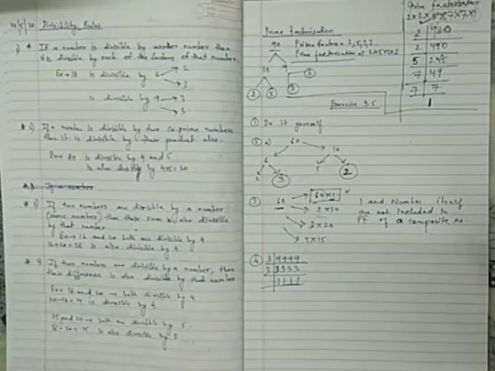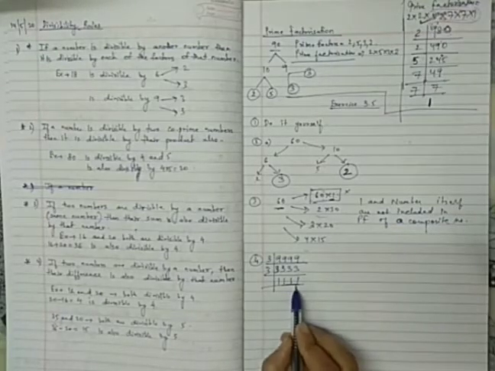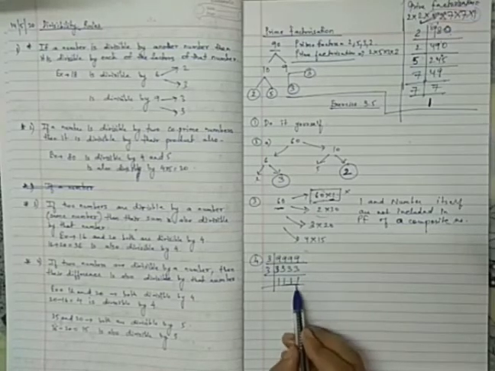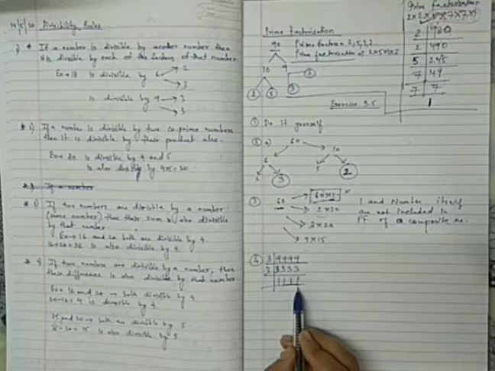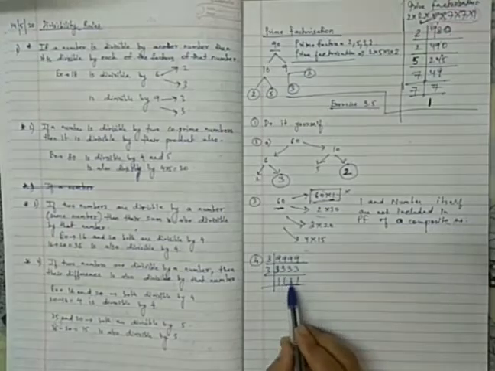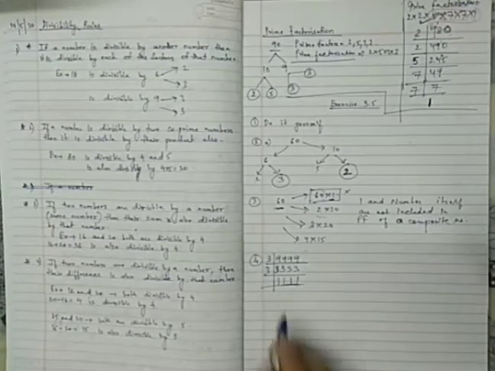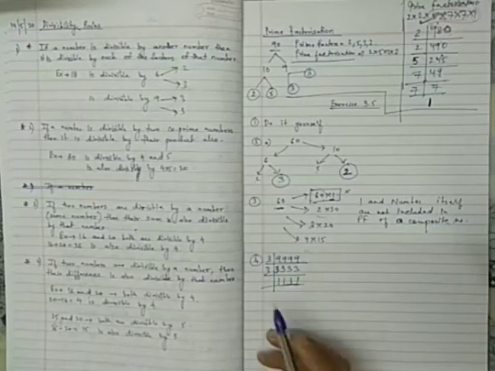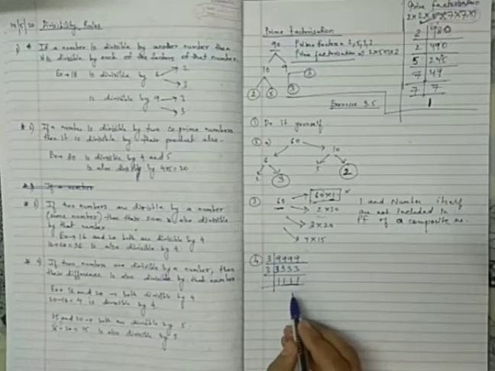Let us check for 11. The divisibility rule of 11 is, you have to find the sum of numbers at odd places and the sum of numbers at even places, and then find their difference. If it is either 0 or a multiple of 11, then it will be divisible by 11.